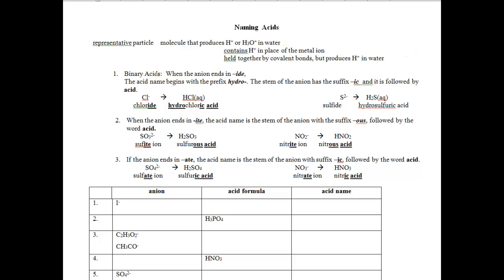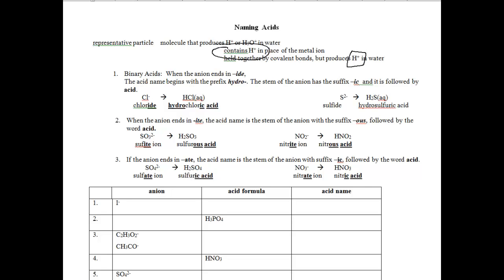So the first thing you need to do is recognize, how do I know if it's an acid? A couple key things: acids have that hydrogen. And if we notice, it is held together by a covalent bond, but look at what it's producing. It's producing this hydrogen ion. When hydrogen acts as the positive, we know it can act as a negative when it's with a metal, and we make a hydride compound.